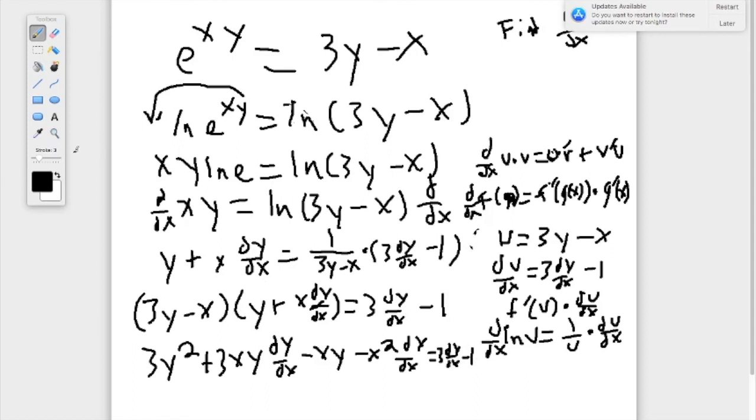Alright? So basically what I did here is I multiplied 3y by both terms here, and then I did the same for the negative x. So I multiplied this guy and this guy, and this guy and this guy. Alright?